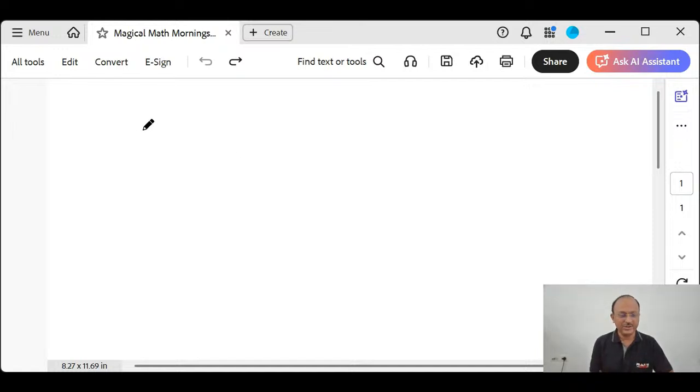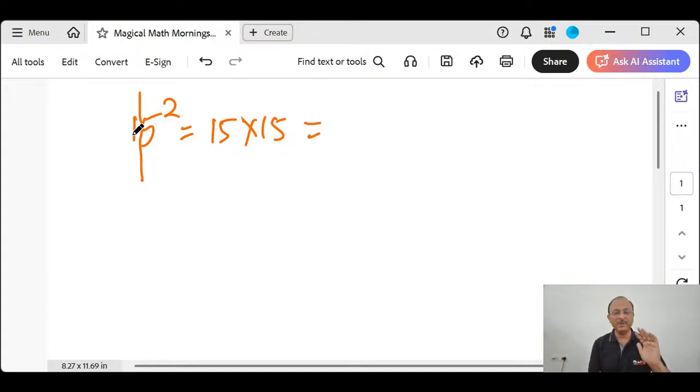Let's take, if you want to find the square of 15. 15 square means 15 into 15, correct? You divide 15 into two parts. Whatever number is there other than 5, that is 1, you multiply with the number after that. What will come after 1? 2. 1 into 2 is 2, and just simply write 5 square, that is 25. So 225.